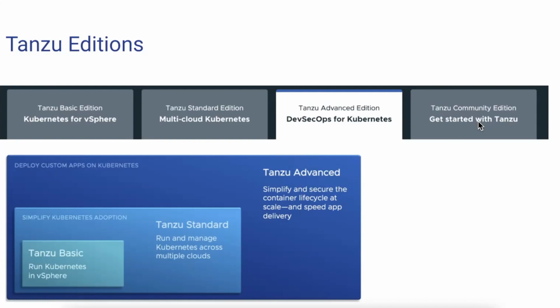The last one is Tanzu Community Edition, and Tanzu Community Edition is an open source free version that is available today, where you can deploy a Tanzu Kubernetes cluster, you can deploy several packages, not just on a VMware environment and public cloud environment, but also you can deploy this on your own laptop. And I'm going to show you some demo in this area too.